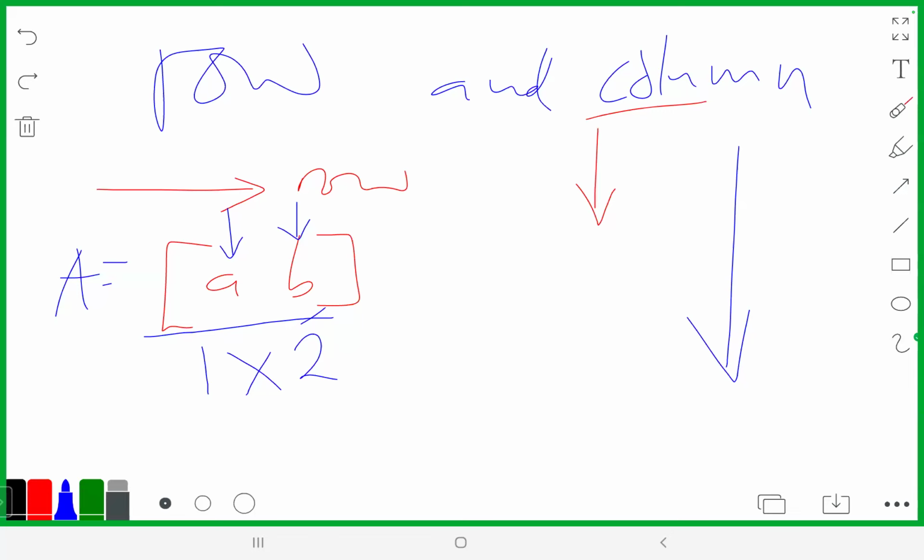Right. So again, you may have a matrix like this. Let me write it like this, A, then B. Let's call it matrix B. How many rows are here in matrix B?